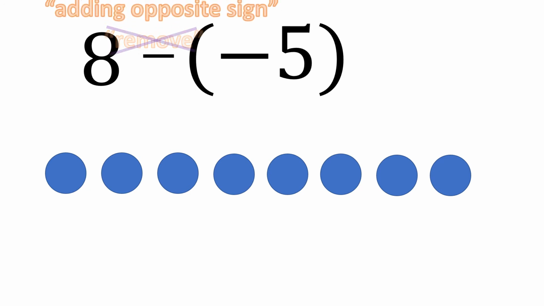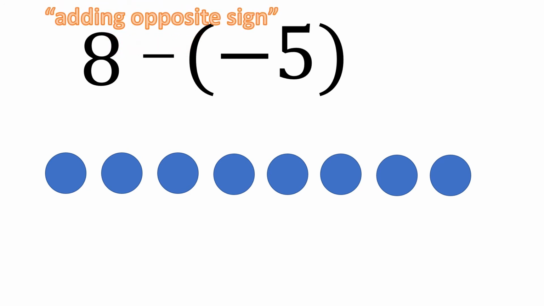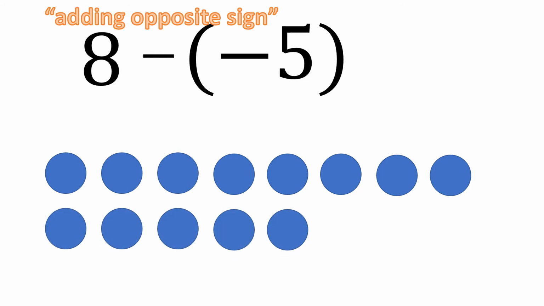So we will use the other meaning, which is adding the opposite sign. That means minus negative 5 is the same as adding positive 5. So we have 13 positives in all. That means the difference of positive 8 and negative 5 is positive 13.